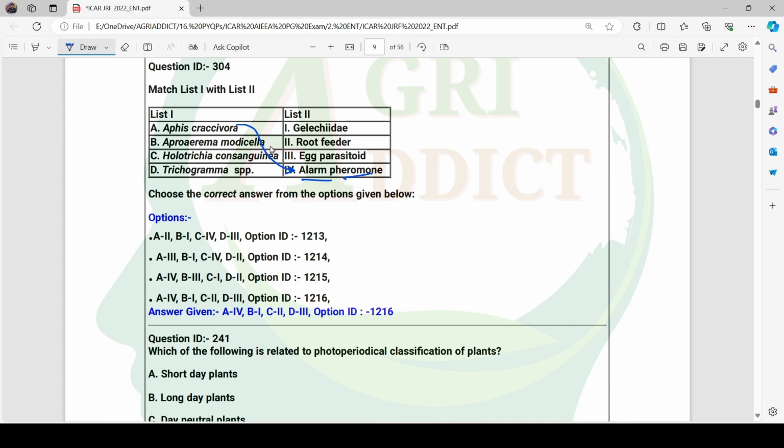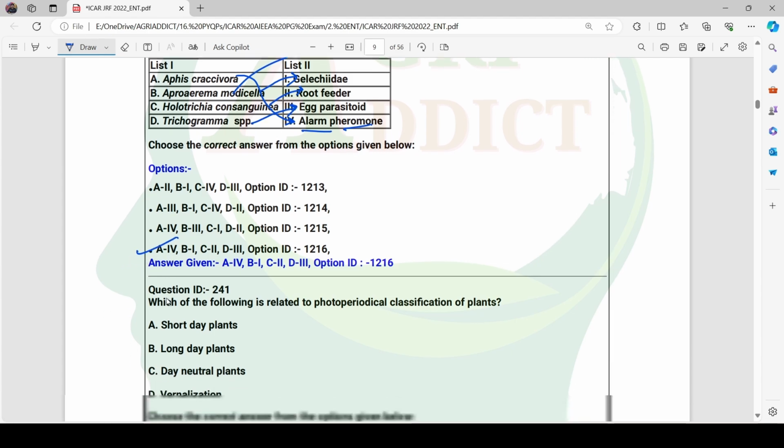Then Aproaerema modicella, that is groundnut leaf miner, peanut or groundnut leaf miner, that belongs to the family Gelechiidae. Then Holotrichia consanguinea or white grub, that is an important root feeder insect. And Trichogramma, you all know it's an important egg parasitoid. So correct answer is option 4, A4, B1, C2, D3.